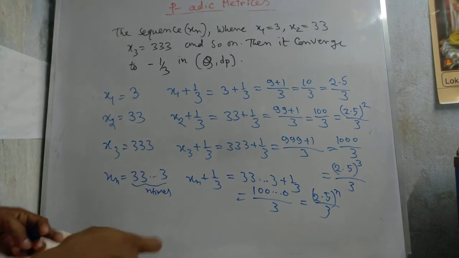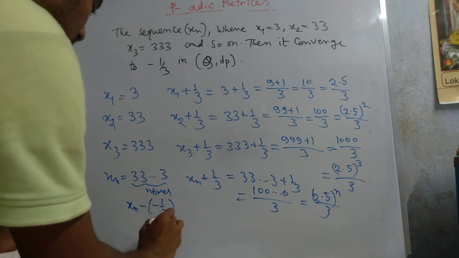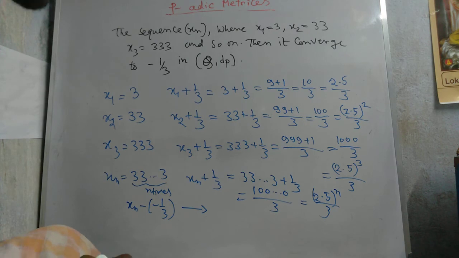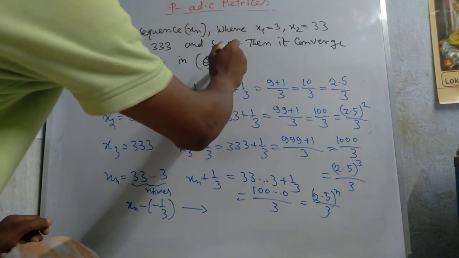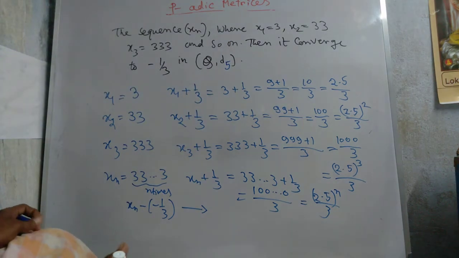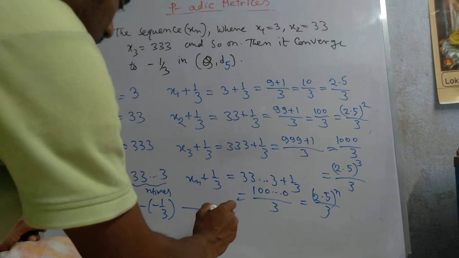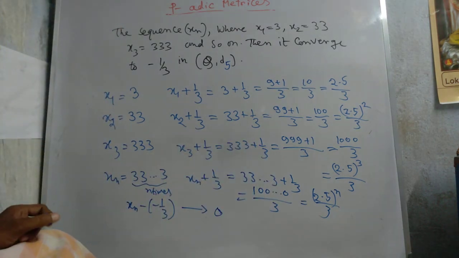Then we see that x_n minus (-1/3) tends to 0 in d_5. Or I did a mistake; this one is in d_5. So this tends to 0 in d_5 because of this 5 to the power n.